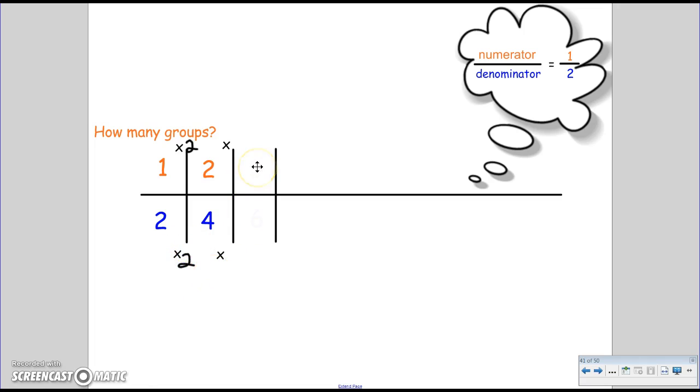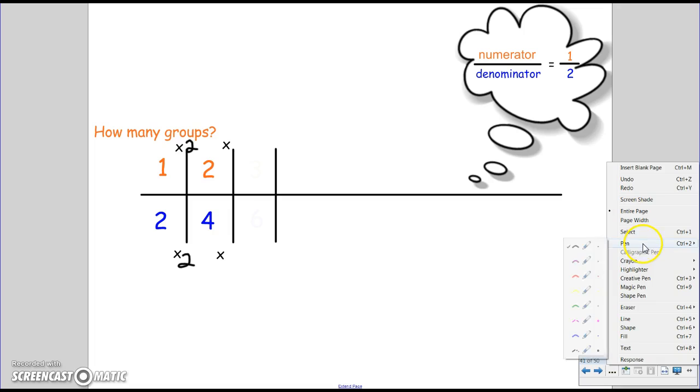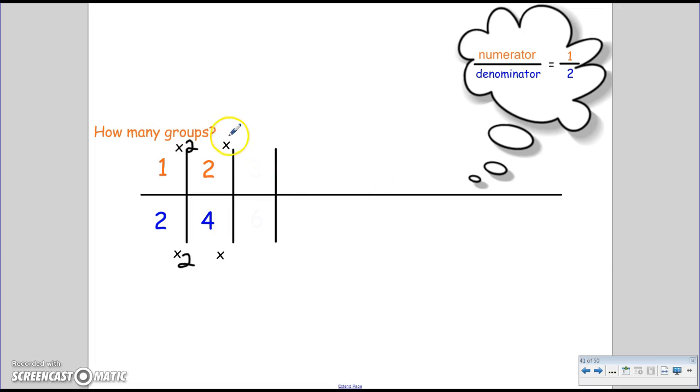In the next box, I want to multiply by 3. 1 times 3 would give me a top number, or a numerator, of 3. Whatever I do to my numerator or my top row, I want to repeat with my bottom row, always looking back to my original numbers.